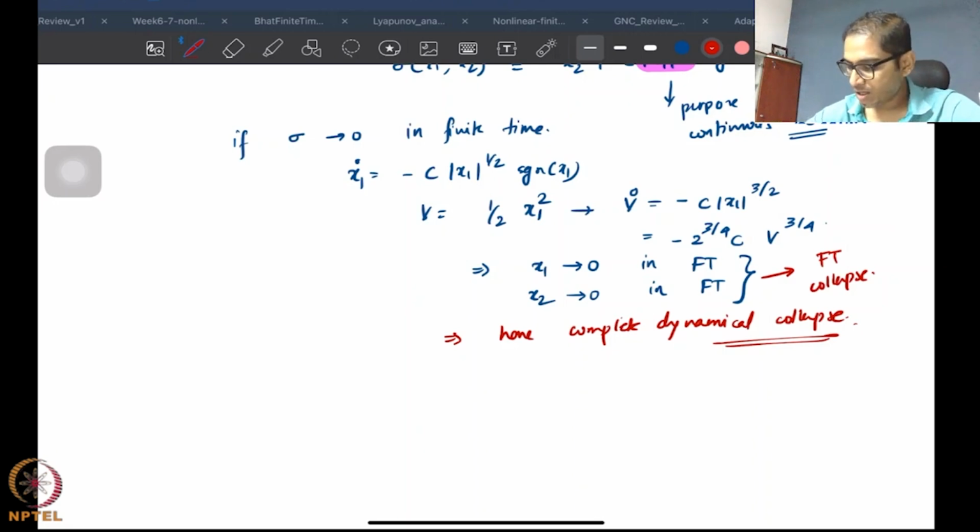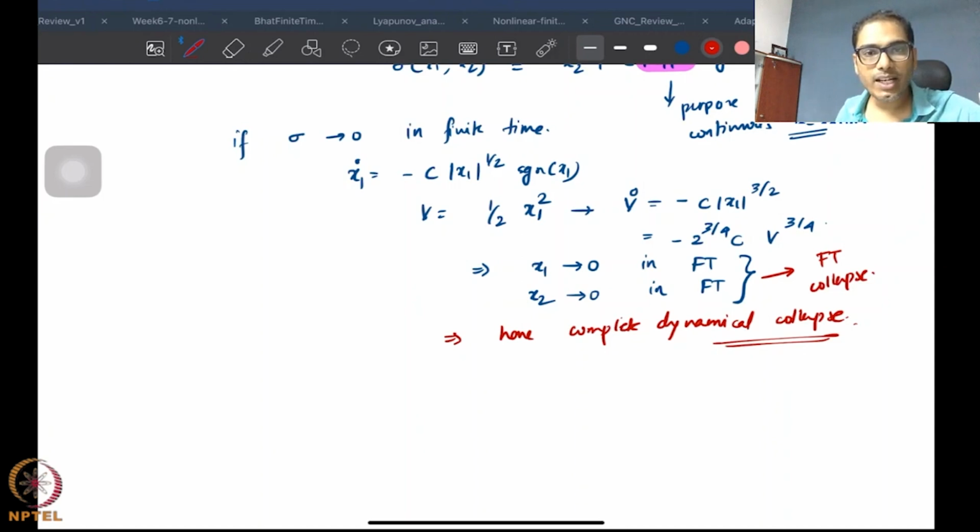Why? Because we ensure that both states go to 0 in finite time and stay there. So it's not sliding on a one-dimensional surface, it goes to a 0-dimensional surface, which is the origin. It goes to the origin in finite time, and we are done.